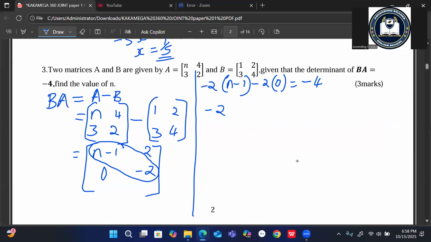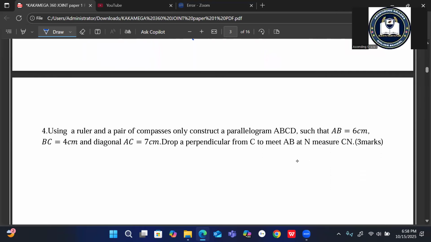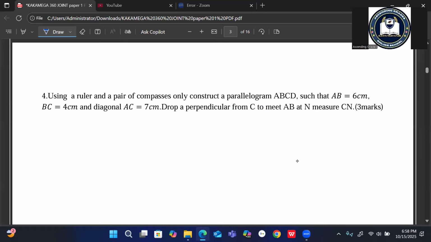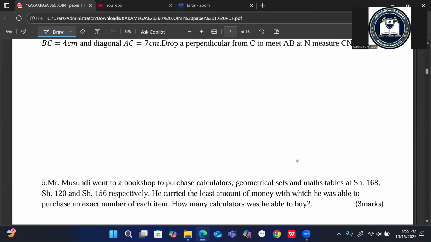So it will be negative 2n plus 2, this is 0, so it's equal to negative 4. So negative 2n is equal to negative 6. So your n should give you negative 6 divided by negative 2, which is 3. So that is the value of n. From there, we go to question number 4. Using a ruler, we skip this one because it needs a set of construction.